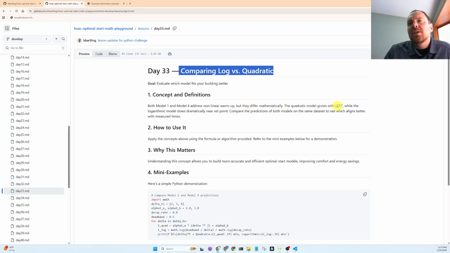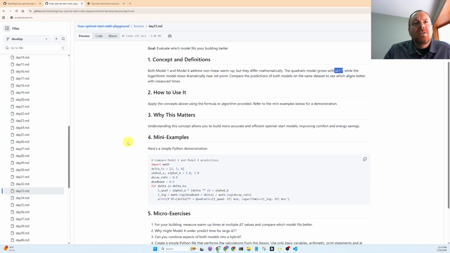The quadratic model grows with the delta temperature squared, that's the zone temperature and the zone set point, while the logarithmic model slows dramatically near set point. Compare the predictions of both models on the same data set and see how they align. Well, this is cool.